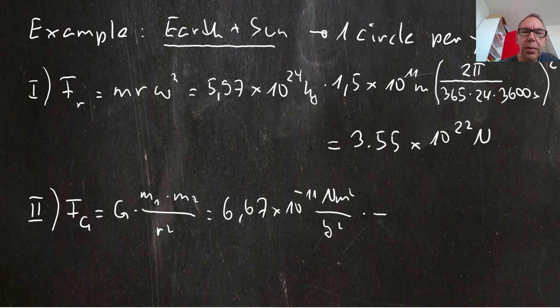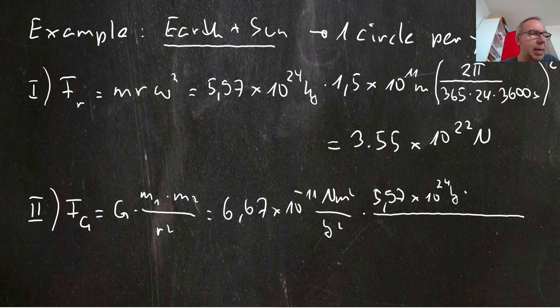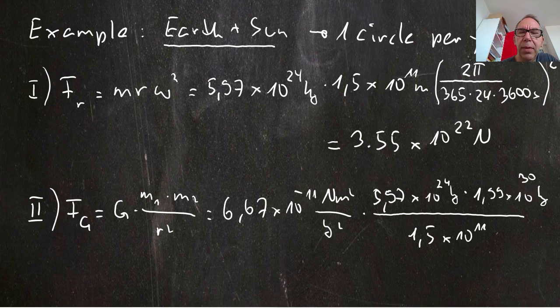Then the mass of the Earth we can copy from above, 5.97 times 10 to the 24th, and the mass of the Sun 1.99 times 10 to the power of 30 kilogram, and the radius also same thing as above, 1.5 times 10 to the 11 meter, to the power of 2.